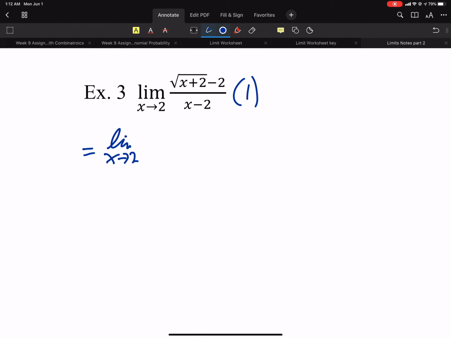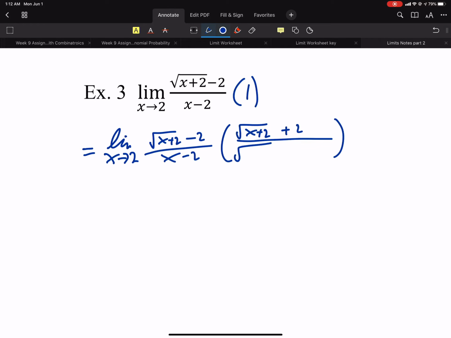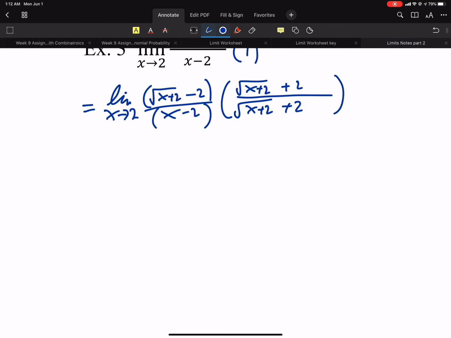My 1 is going to be radical x plus 2 plus 2. That's my one. That's like the conjugate. That's like what's going to happen when I multiply the numerator, the radicals will disappear because of the minus and the plus. So let me color code this nicely.